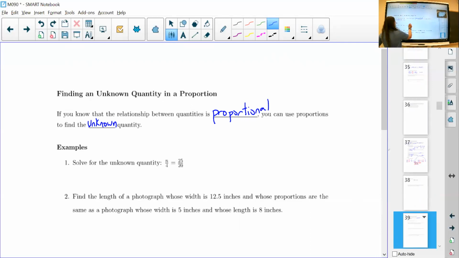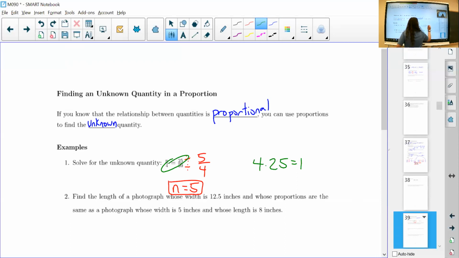We can either simplify down and say 25 divided by 20 is 5 over 4. And hey, look, n over 4 is 5 over 4, n must be 5. Or we can cross multiply. We can say 4 times 25 is 100.